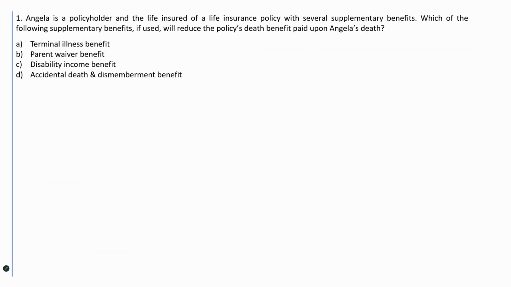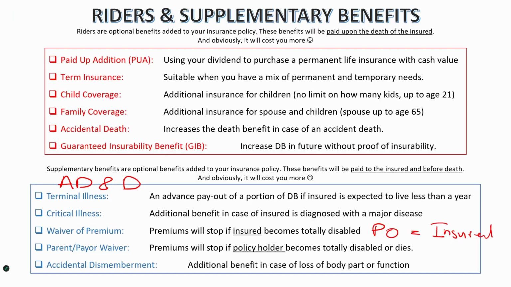Let's actually go into a couple of questions. This one is saying that Angela is a policyholder and the life insured of a life insurance policy with several supplementary benefits. Which of the following supplementary benefits, if used, will reduce the policy's death benefit paid upon Angela's death? Among all these supplementary benefits that we just reviewed, there is one of them that will reduce the death benefit, and that is the terminal illness one, because it's going to be an advanced payout of the death benefit.